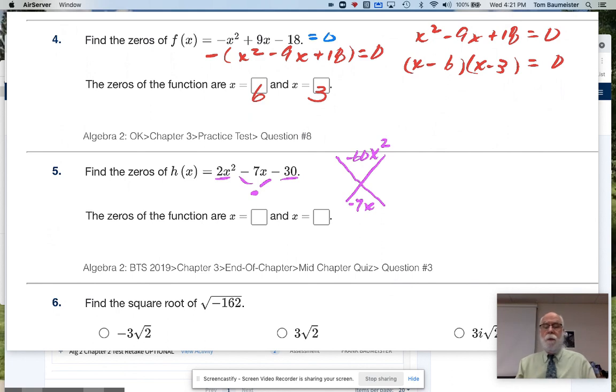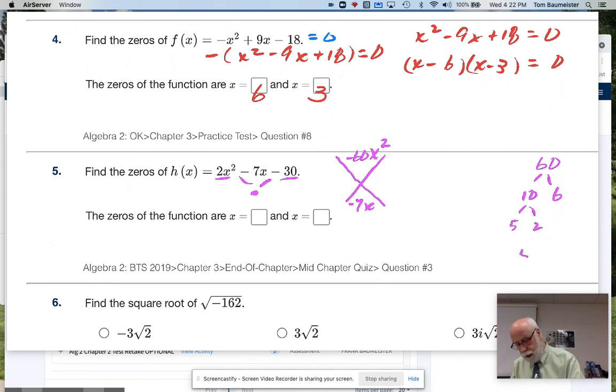Now, remember, I'll do this for the people who weren't here, but I said let's look at factors of 60. You told me 10 and 6 the first time. Well, that's not going to give us a 7. But then you guys said, well, that's 5 and 2. Now if we combine the 5 and the 2 and the 6, that'll give us 12.